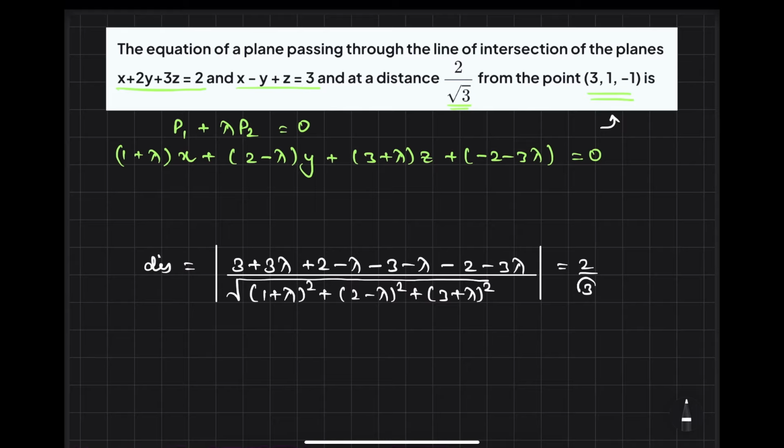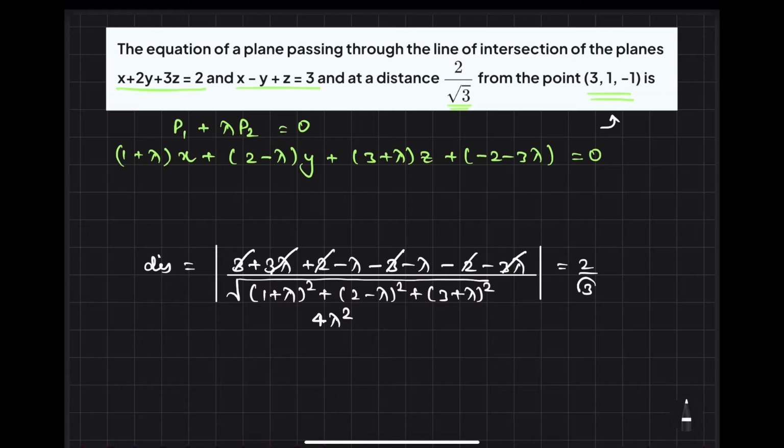Before doing the square, let's simplify things. So you got 3 gone. You got 3 lambda, 3 lambda gone. You got 2 and minus 2 gone, and it's okay. So we have minus 2 lambda in the numerator. Let's do the squaring on both sides. So minus 2 lambda will become 4 lambda square.